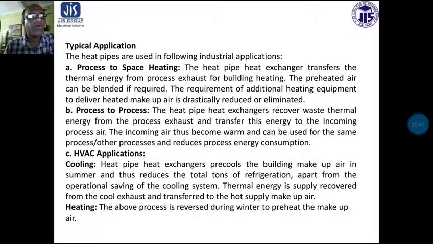Apart from operational savings of the cooling system, thermal energy is recovered from cool exhaust and transferred to the hot supply makeup air. Heating: the above process is reversed during winter to preheat the makeup air.